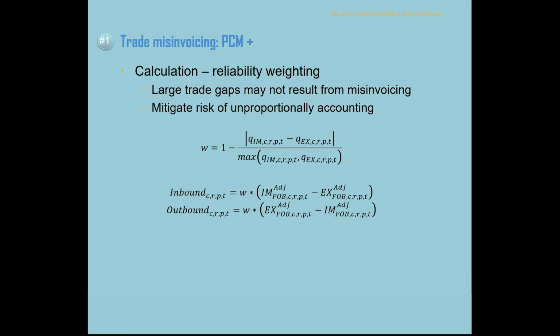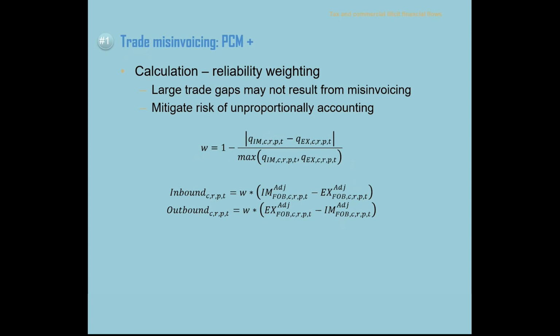If there's a very huge discrepancy, this could essentially be only the result of an error when inputting the data or something, and not really misinvoicing. So we are trying to mitigate this risk of disproportionately accounting for those large discrepancies.